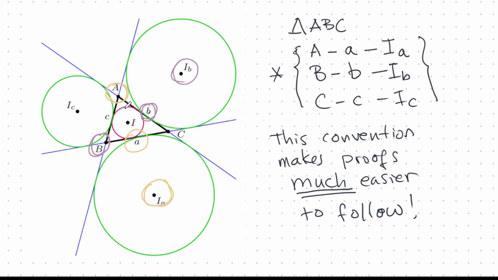So again, we have our red incircle in the middle here, and we have the 3 exterior excircles, and look carefully, they are tangent on all 3 sides.